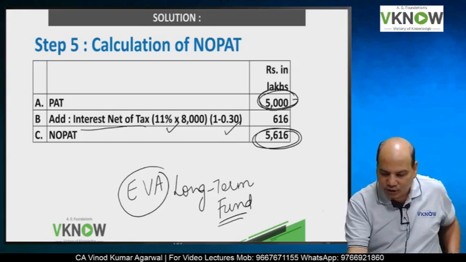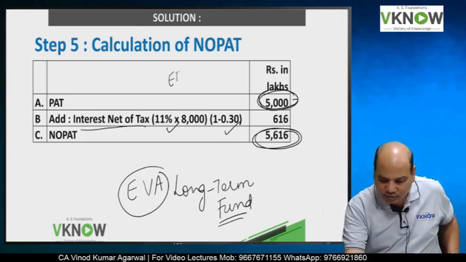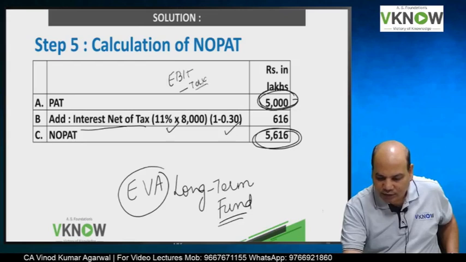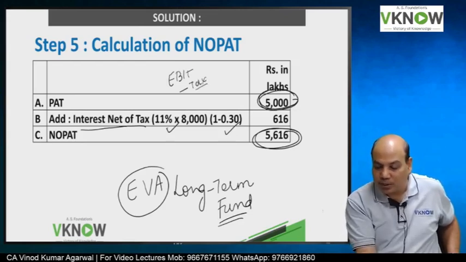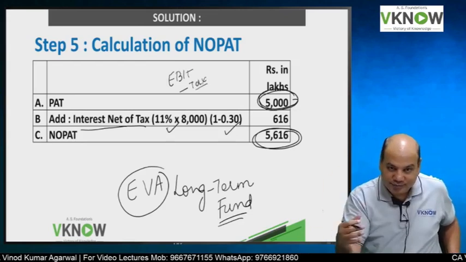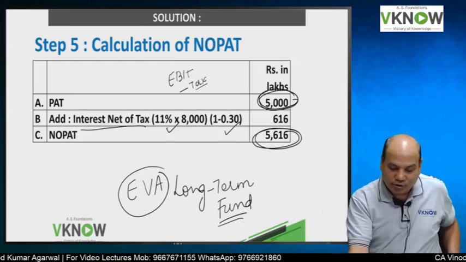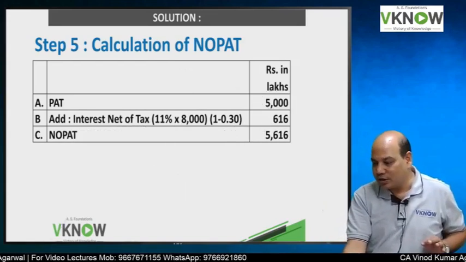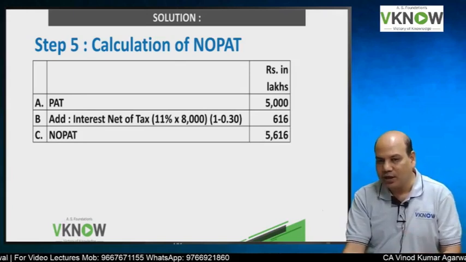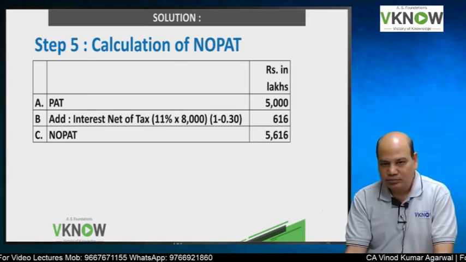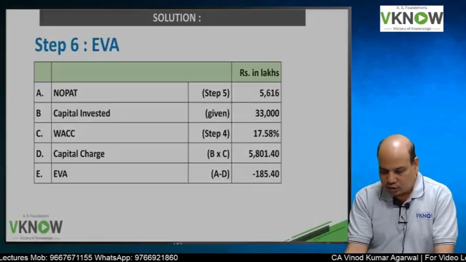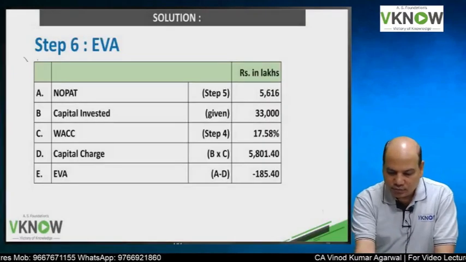If it is given EBIT, then I will not deduct interest, I will directly deduct tax. But if you are given PAT, you have to do reverse working, and in that case you have to add interest, net of tax. So write down 5616.